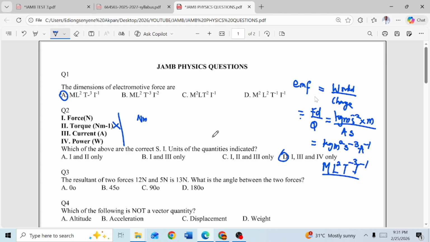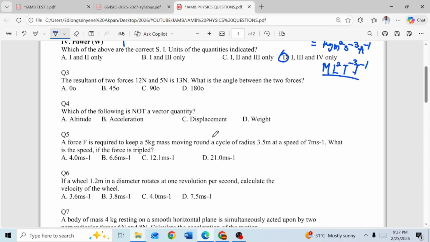Question number 3. The resultant of two forces, 12 Newton and 5 Newton, is 13 Newton. What is the angle between the two forces? For us to get that, we can consider a squared equals b squared plus c squared minus 2bc cos A. We are looking for the angle between the two of them.